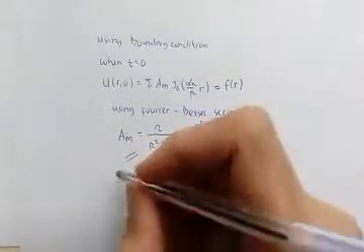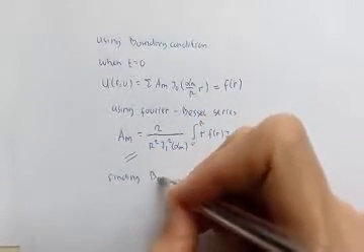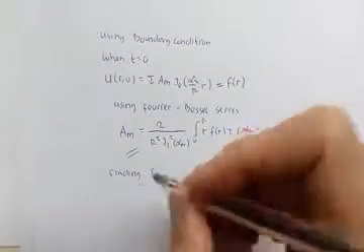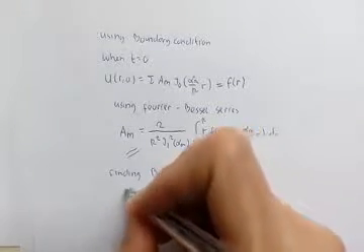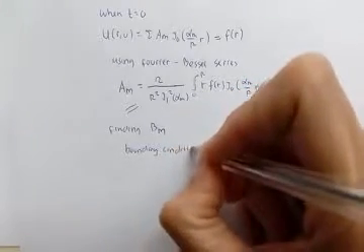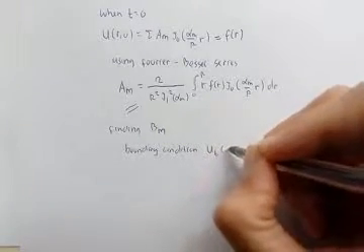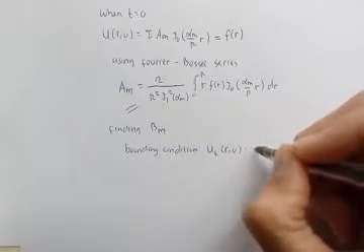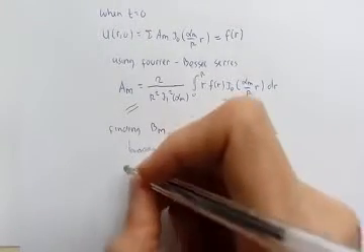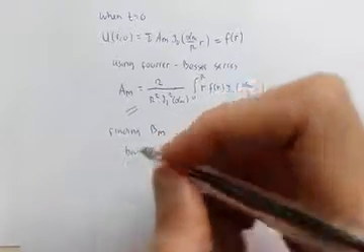And then for finding the coefficient b_m, we need another initial condition, that is the velocity when t equals 0 will equal g(r). Okay, now we have to take the derivative of u with respect to t.